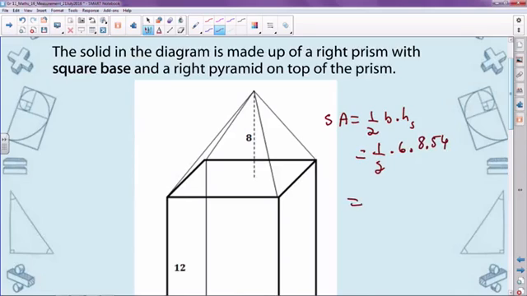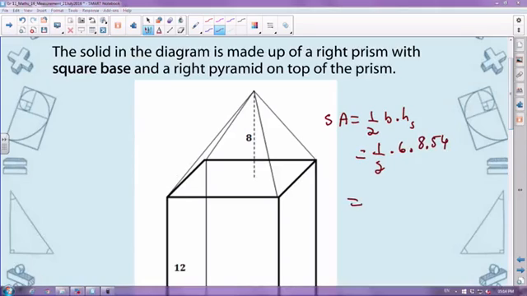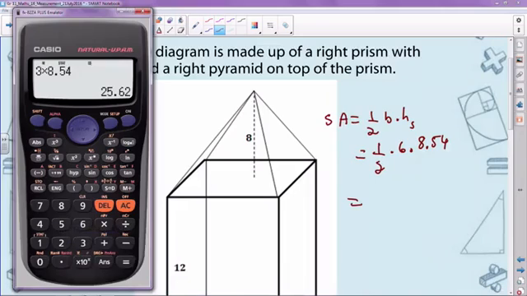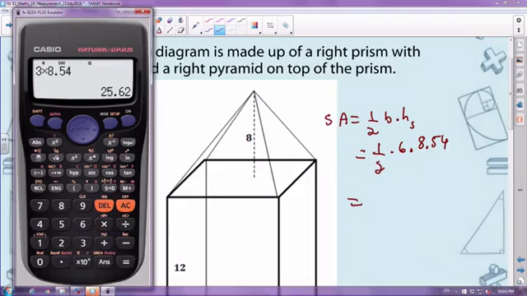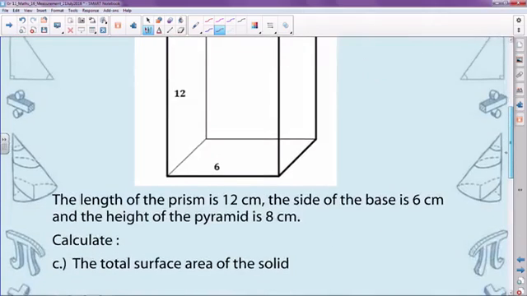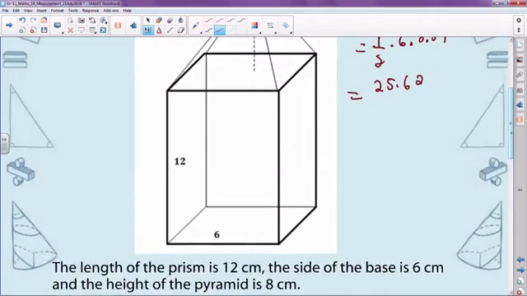So you've got that, and we did work it out, which is 25.62. Now, guys, what is important here again is you are not only looking at the top. You've got other rectangles. So you've got the base, which is a square, and then the sides are your rectangles.